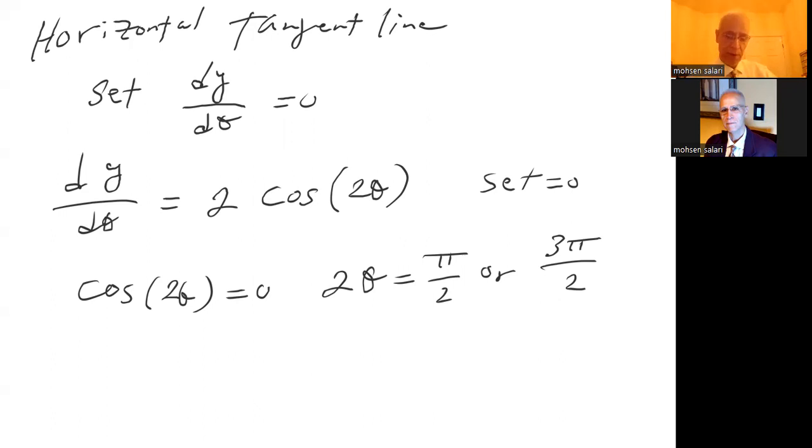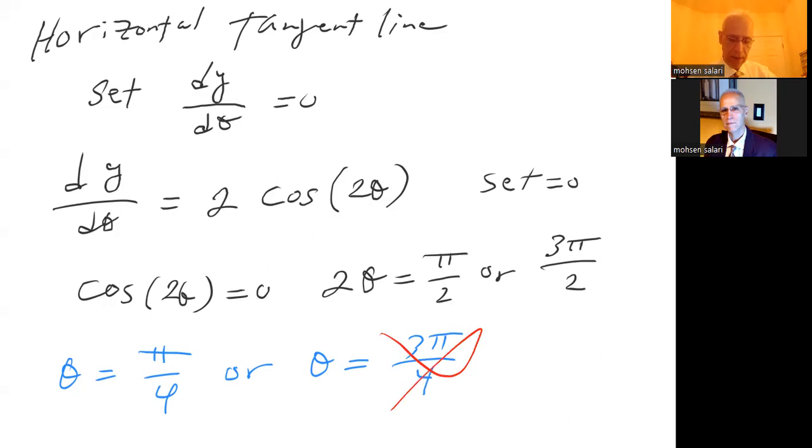I'm going to multiply all sides by 1/2. So I get theta equals pi over 4 or theta equals 3 pi over 4. 3 pi over 4 is not in the given domain, so pi over 4 is the only choice that I have.